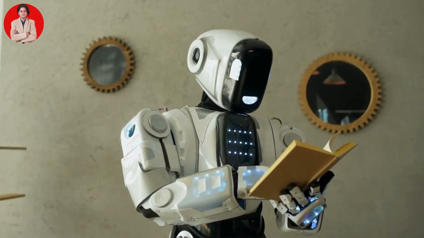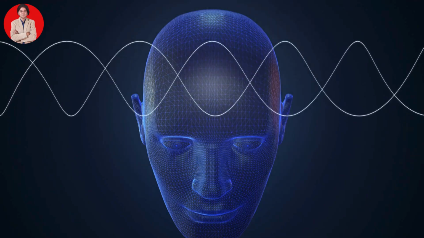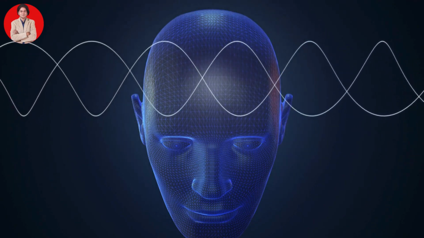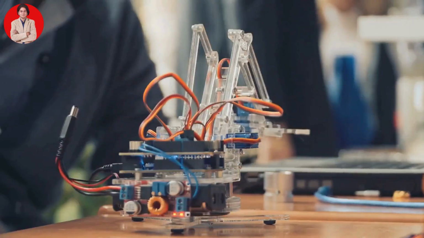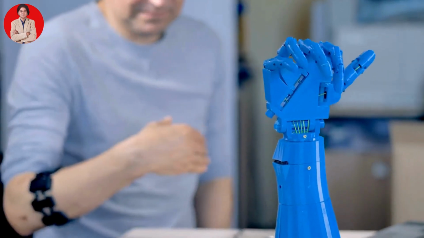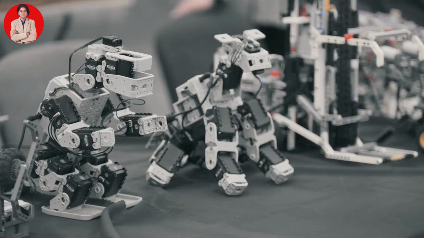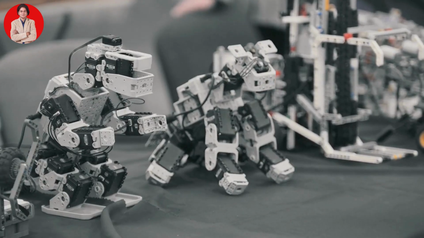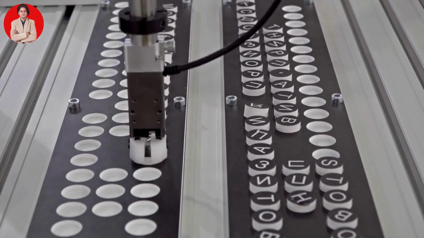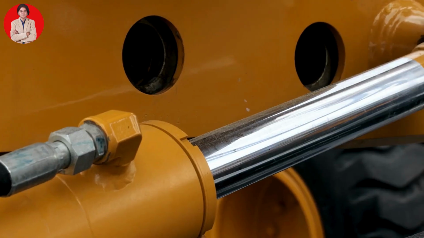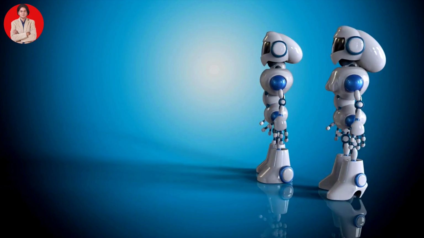Components. Sensors. These gather information about the robot's surroundings, including cameras, LiDAR, sonar, and tactile sensors. Actuators. These are the robot's muscles, enabling movement and manipulation. Examples include motors, hydraulic cylinders, and pneumatic systems.